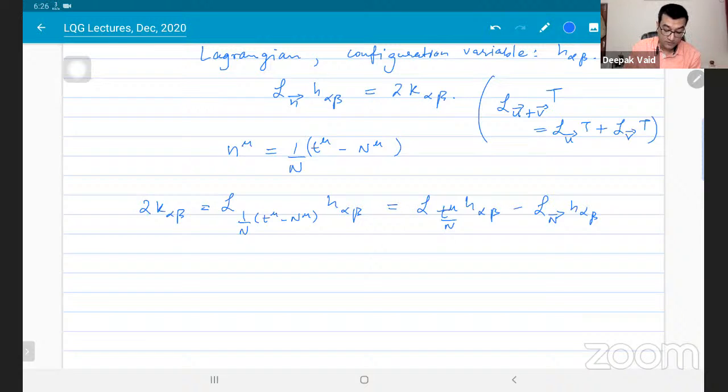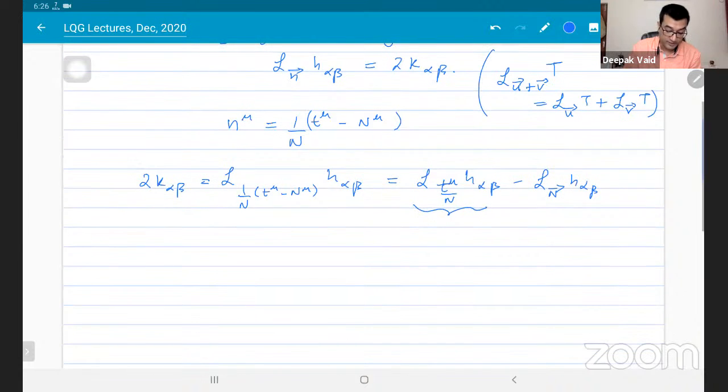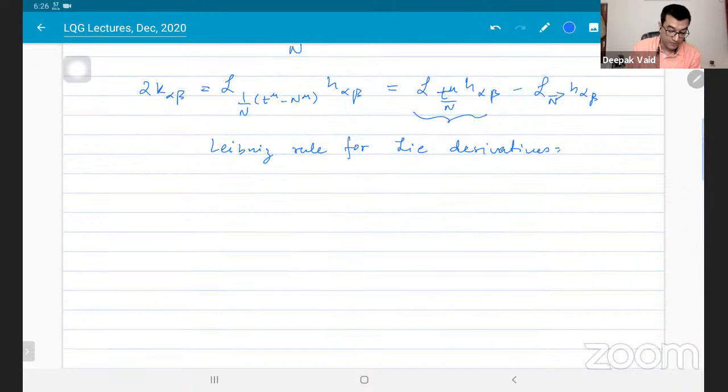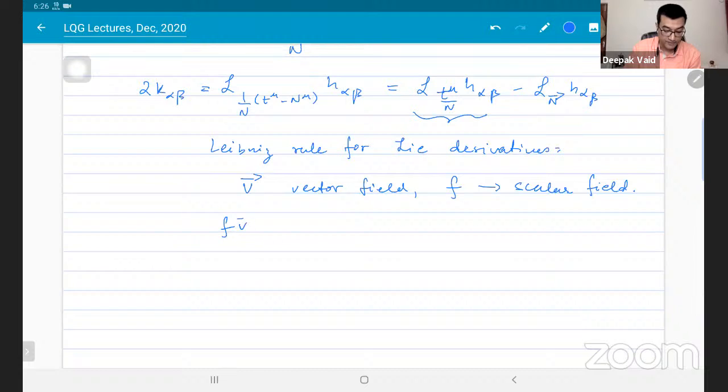Now, from this expression, we can use the Leibniz rule. So the Leibniz rule for Lie derivatives is as follows. If you have a vector field V, let's say, and you have some function, which is some scalar field, then F times V is also a vector field.